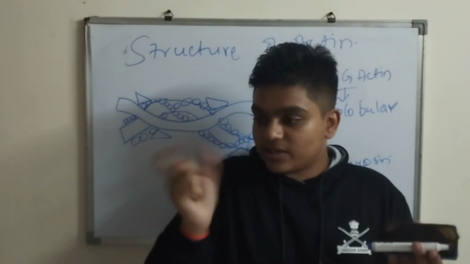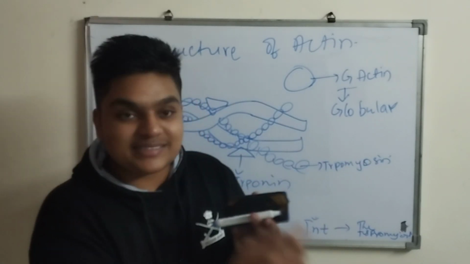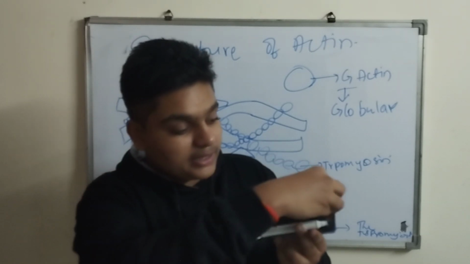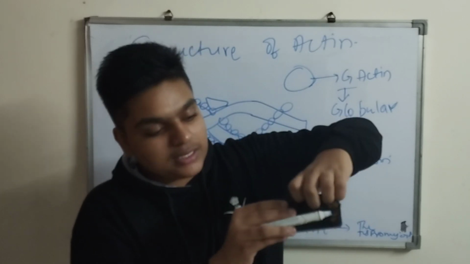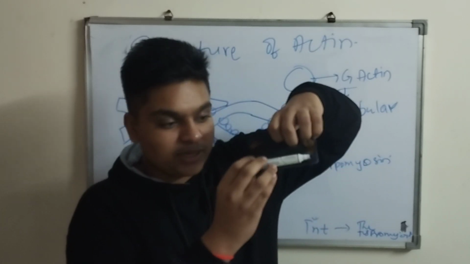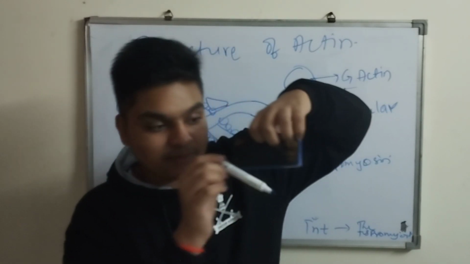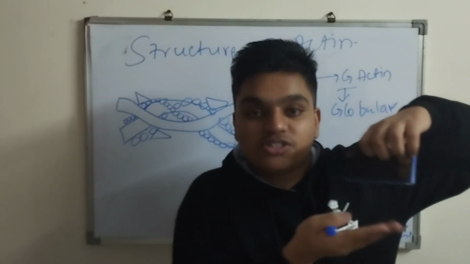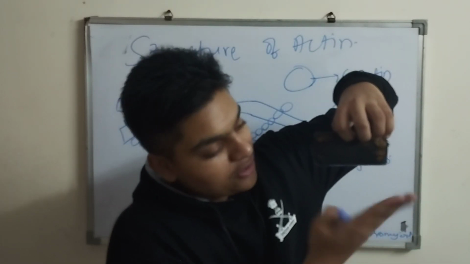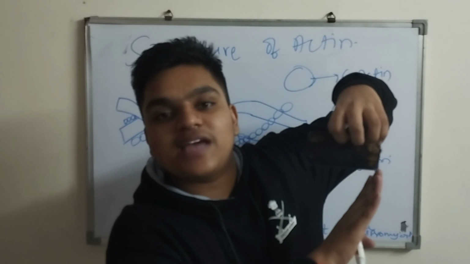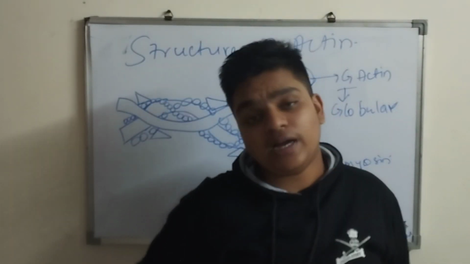Now, the sarcoplasmic reticulum releases calcium ions which sit on this TNC part, the calcium binding site, and whenever this calcium sits here, this tropomyosin detaches from its binding site. When it is detaching, the active site for the myosin head is free, and now the myosin head can bind to this active site and it can contract.